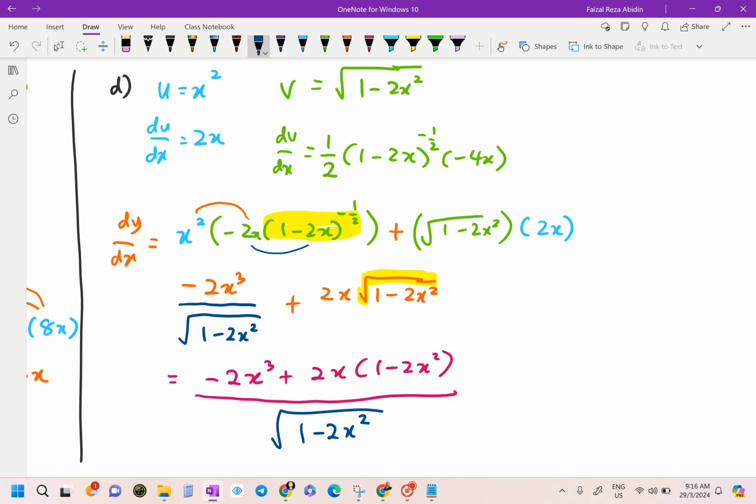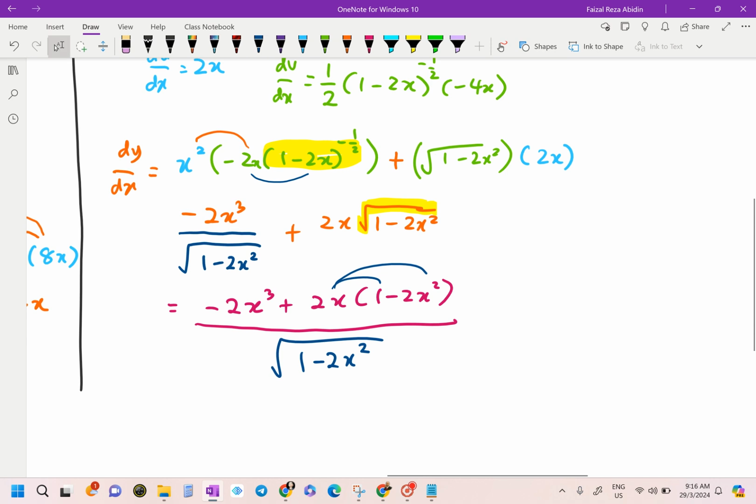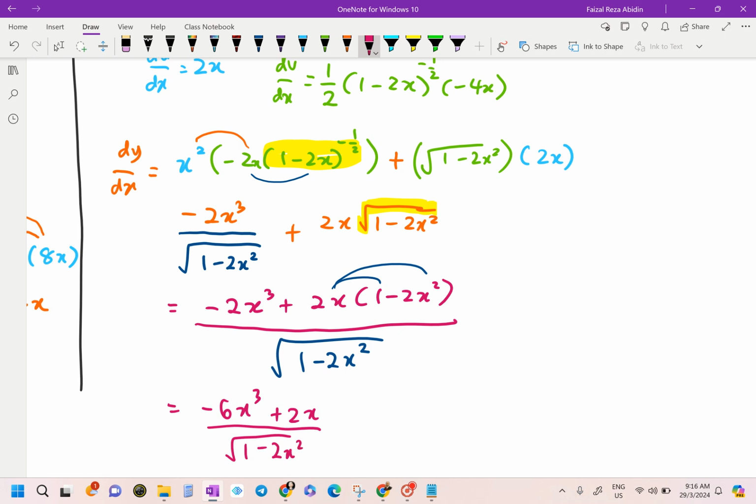And so what happens next? Of course, if you are going to expand 2x times 1, you're going to get 2x minus 4x squared, so 4x cubed, with our negative 2x cubed there, so I'm going to get negative 6x cubed plus 2x, right? So this one, let's copy back 1 minus 2x squared.